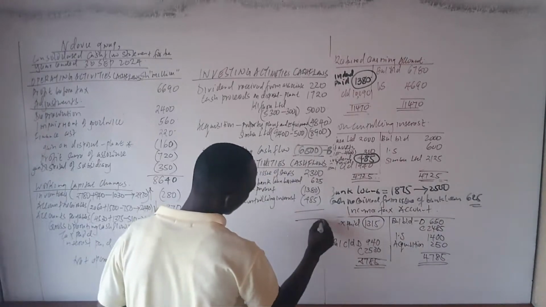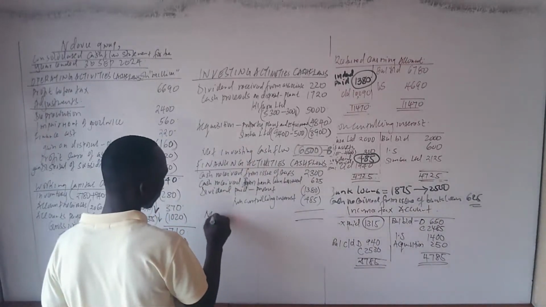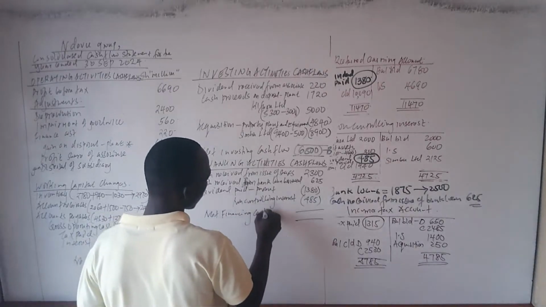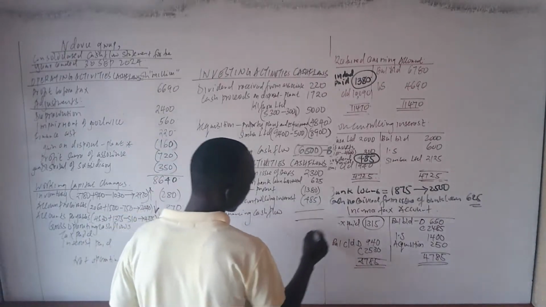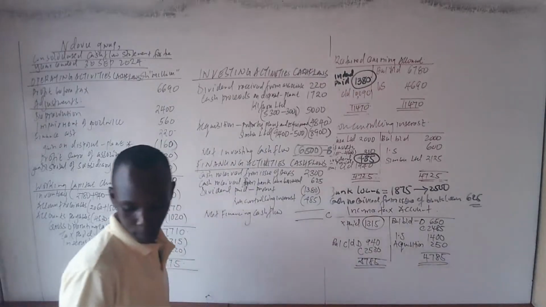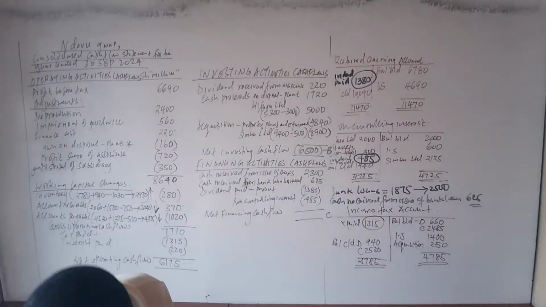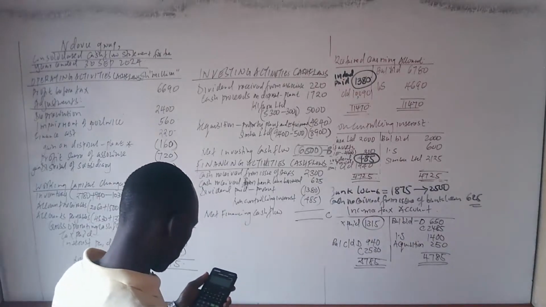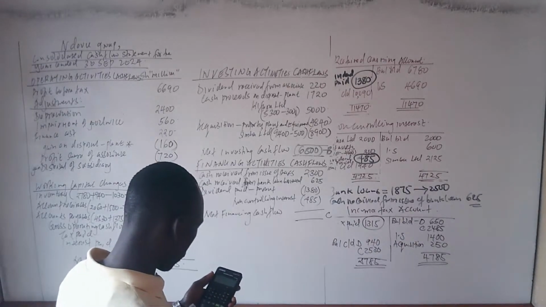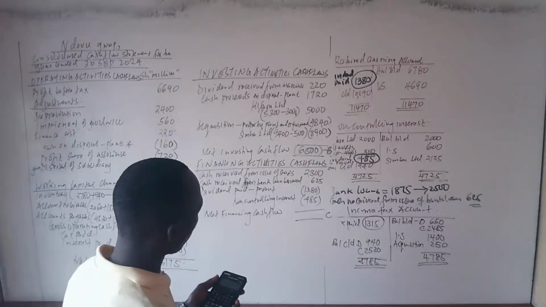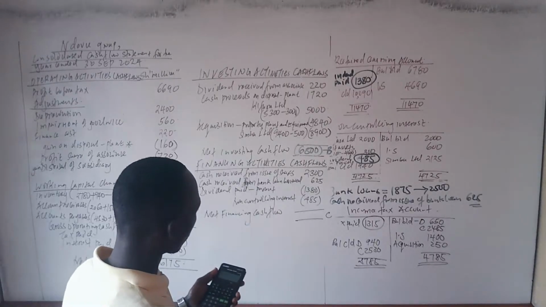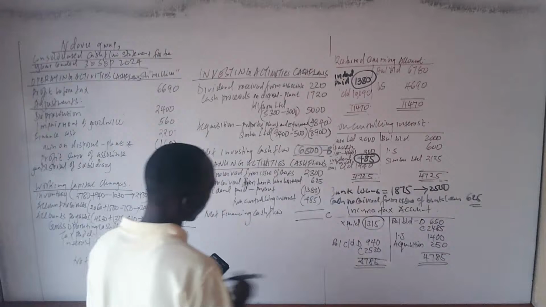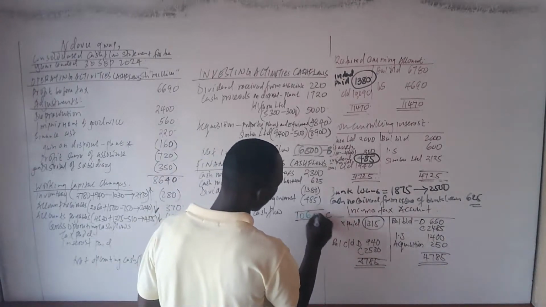If there isn't, let us get the net financing cash flow, which will be our C. It is 2,300 plus 625, then minus 1,380, then minus 485, and therefore you have 1,060.